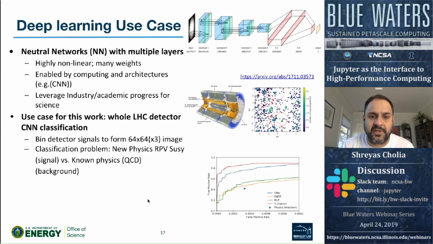There's a whole bunch of physics involved that I'm not going to get into, but the basic idea is that you get images from the detector and you want to run them through this neural network, and it'll tell you whether it matches a certain event, and the neural network should be able to classify those images as signal versus noise.